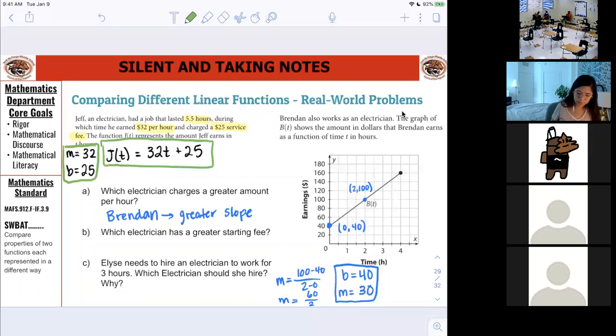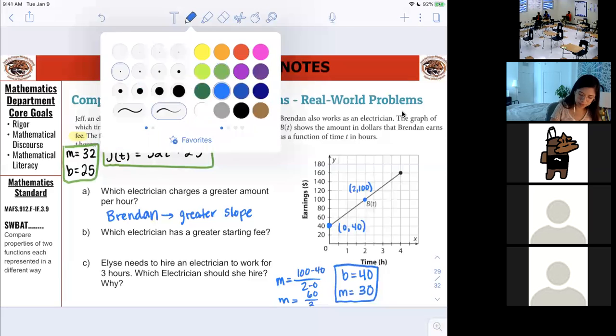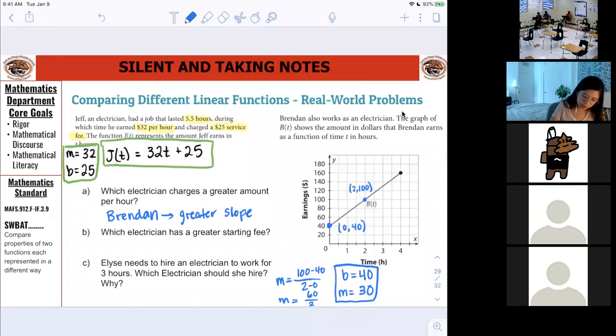What's the starting fee for Jeff? 25. Yeah. What's the starting fee for Brendan? 40. Yeah. I kind of wrote them backwards, but Brendan has a more expensive starting fee.